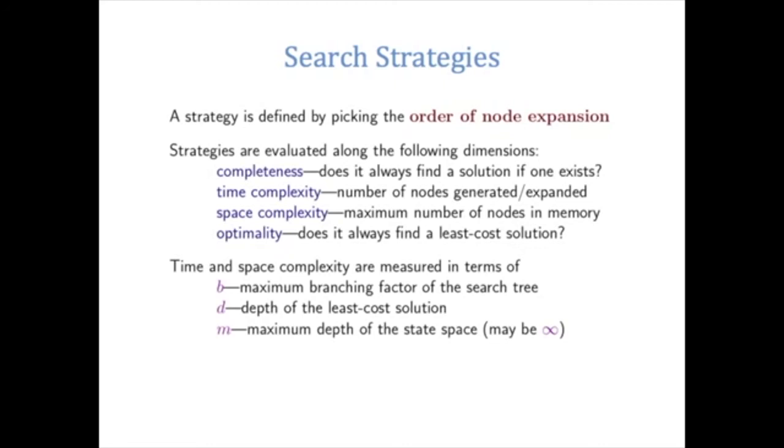D is the depth of the least cost solution. In other words, if we had the search tree expanded out and we identified all the solutions, D would be the depth of the least cost solution. And M is the maximum depth of the state space, which may be infinite.